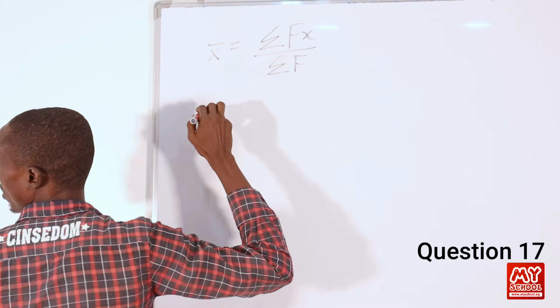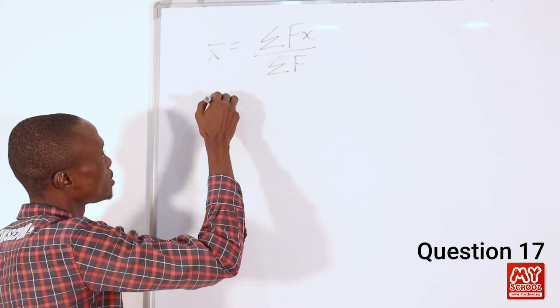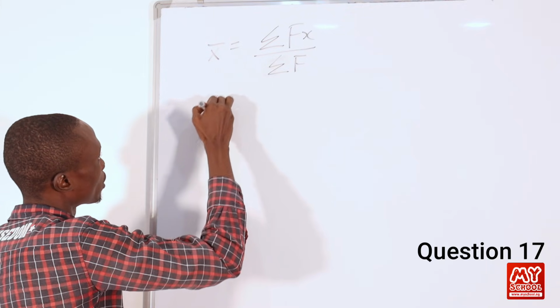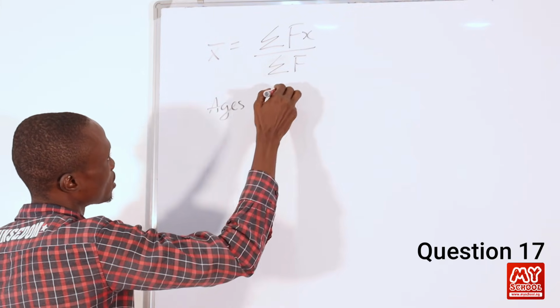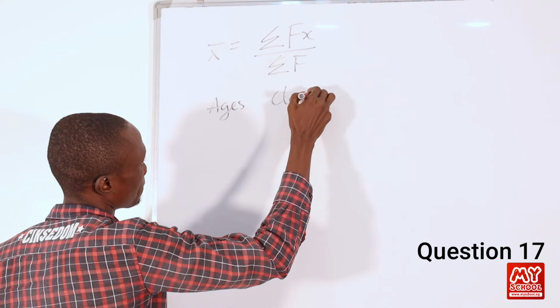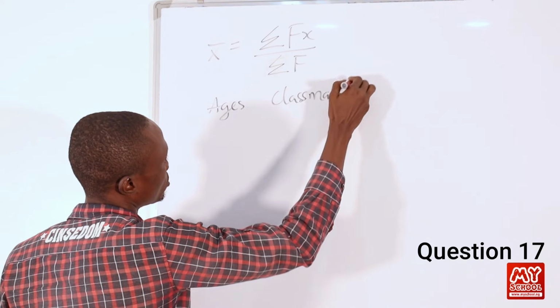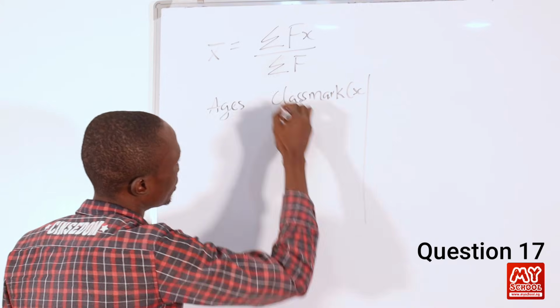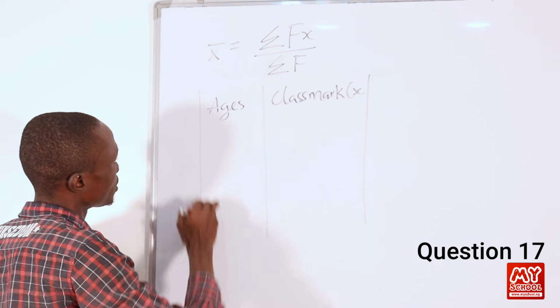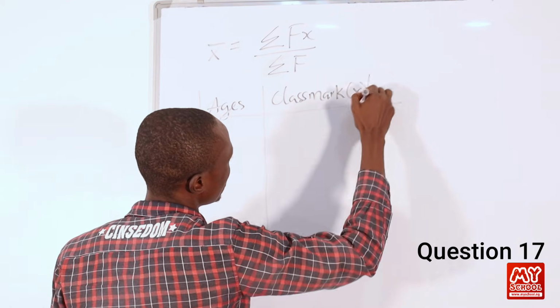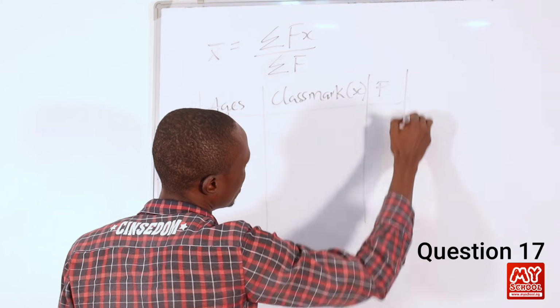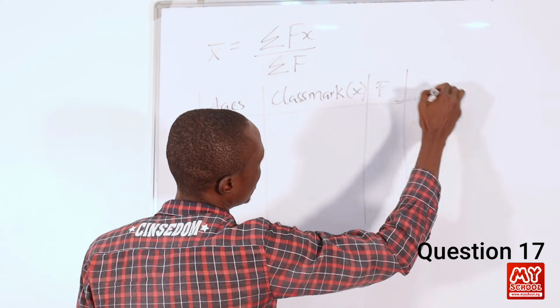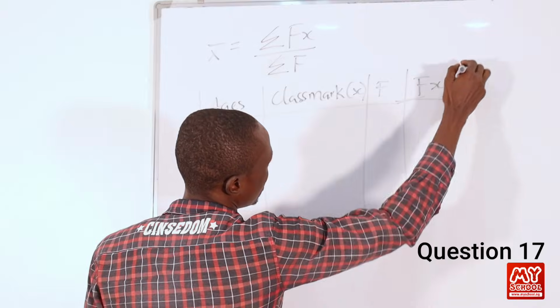In our table, these are the ages, so we need our class mark, which will stand for our x. Then we need our frequency, then we need fx.